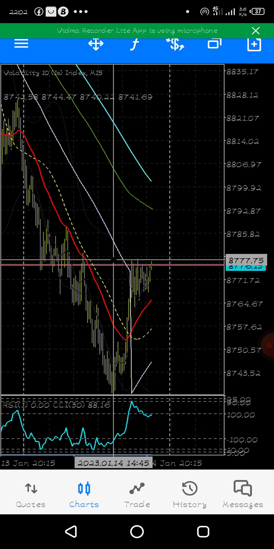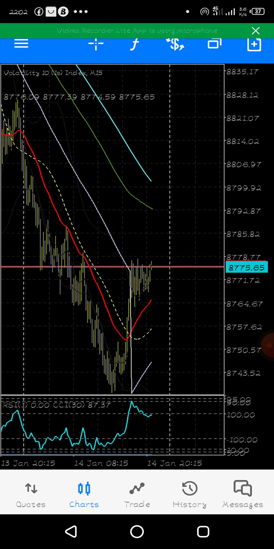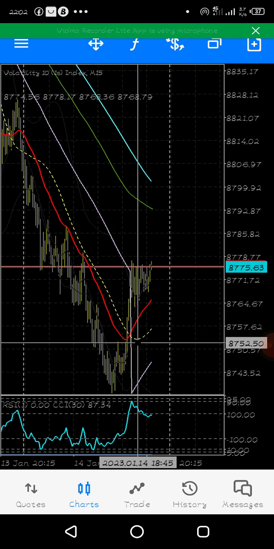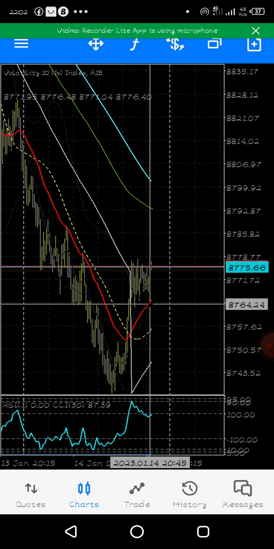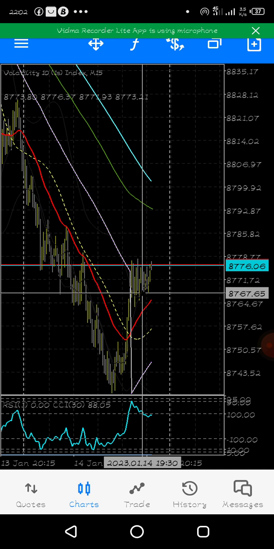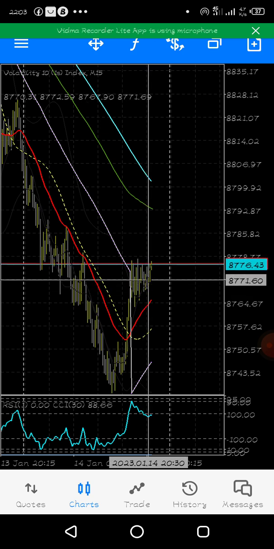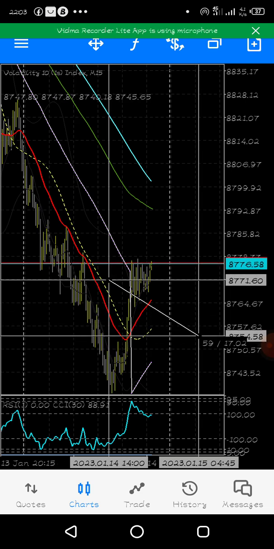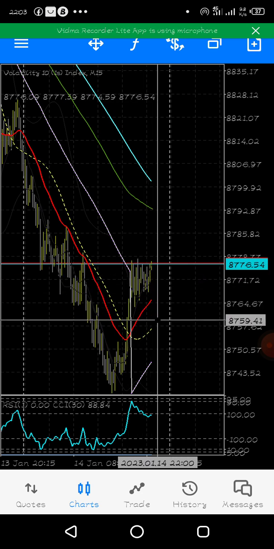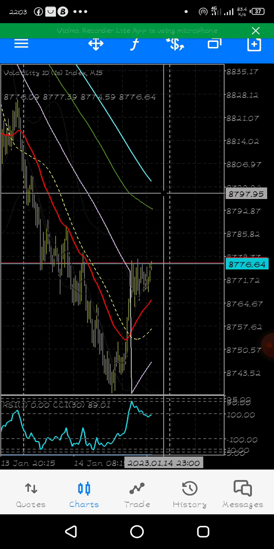So now, what's the next available point? Now, this is another trend. See, we are above the 100 moving average here, but I will not take this trade yet, because this is telling us that we should wait to either see a continuity of this trend, or probably a pullback.